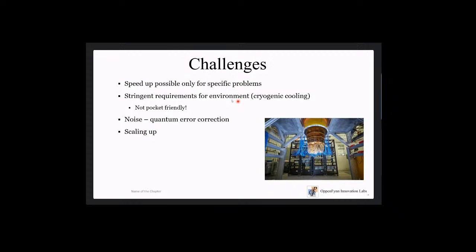Typically that is done by cryogenic cooling. These systems are cooled to very close to absolute zero, a few millikelvin sort of temperatures, in big dilution fridges. As you can imagine, these systems are not going to be pocket friendly. I mean it in both ways. They are not going to be compact, and they're not going to be cheap. So current quantum computing technology is definitely not pocket friendly.